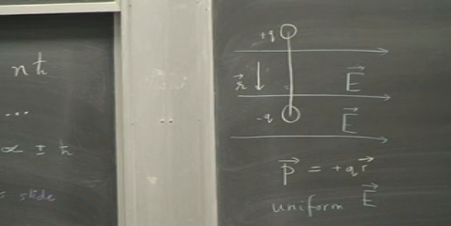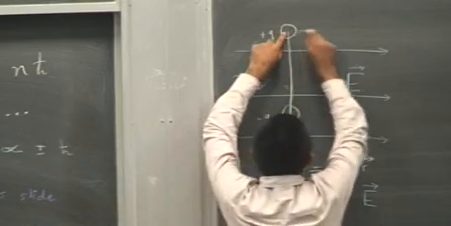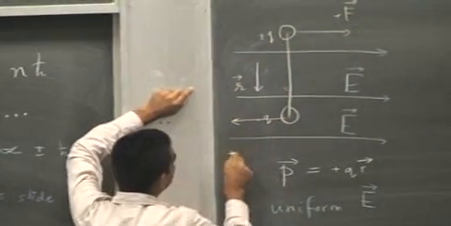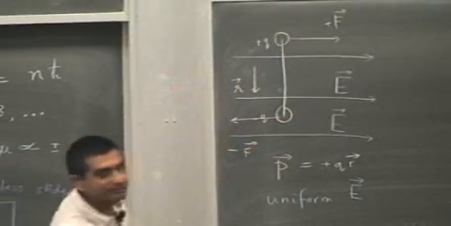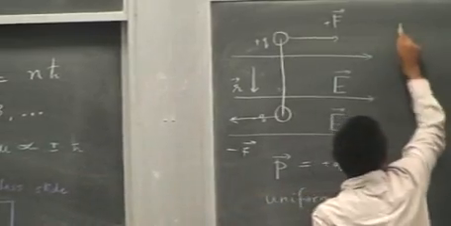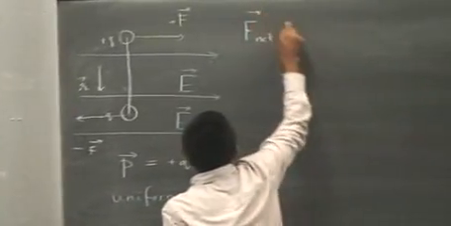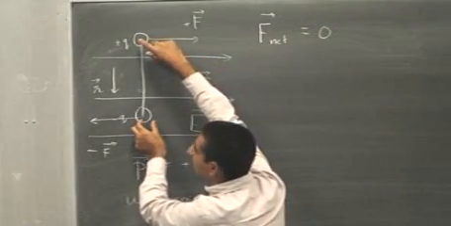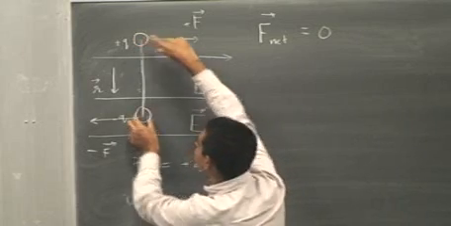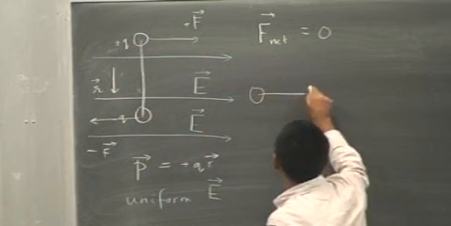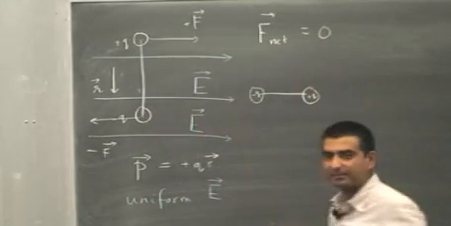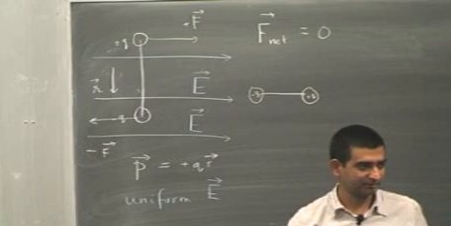Alright, so the net force acting on this dipole is 0, because there's a force acting like this, plus F, and there's a force acting like this exactly equal in magnitude, opposite in sign, minus F. So the net force acting on this object is 0. However, I agree with you that this electric dipole will experience a torque, and the torque will act such that the final position of this electric dipole will align itself with the field.